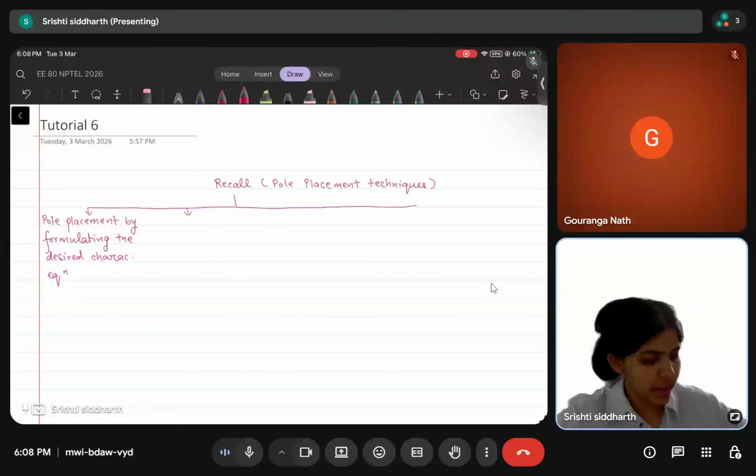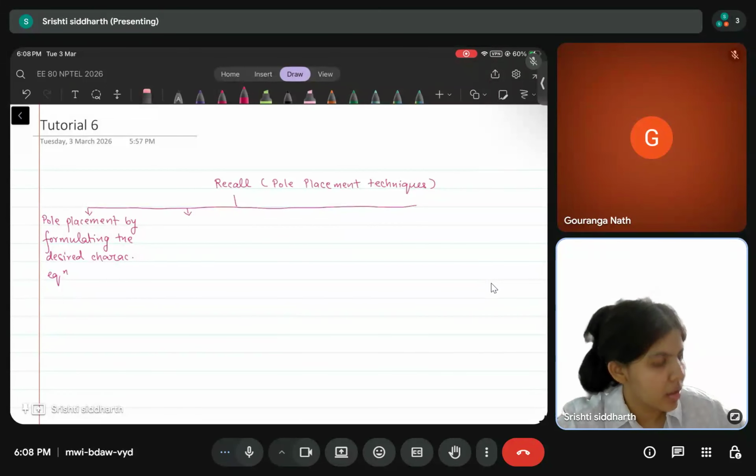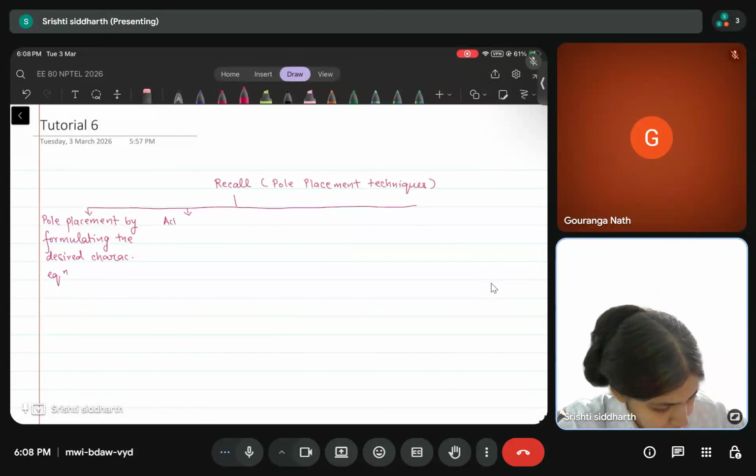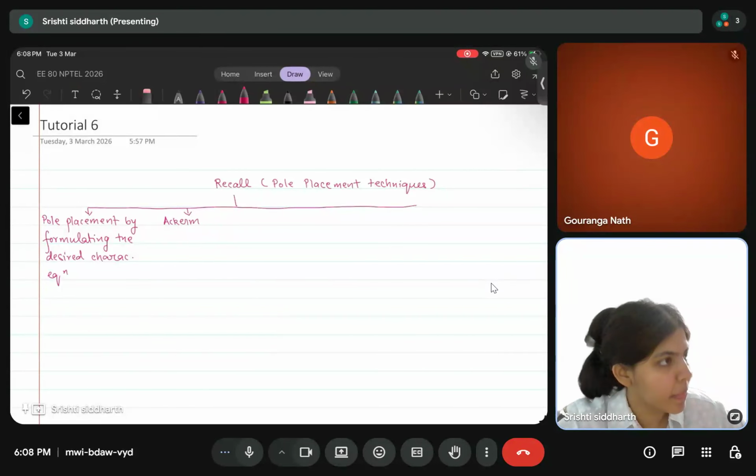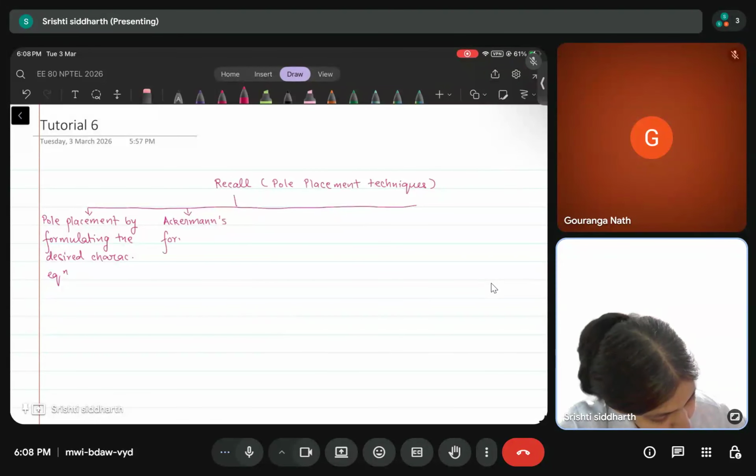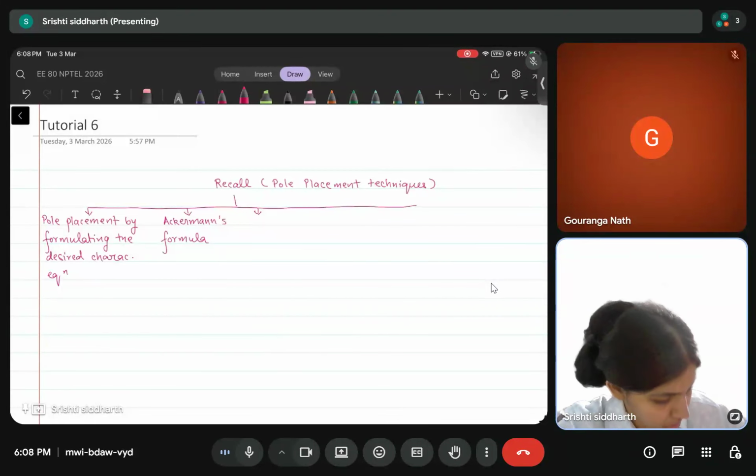Next, there were two techniques. I write down the names. This is the Ackermann's formula.